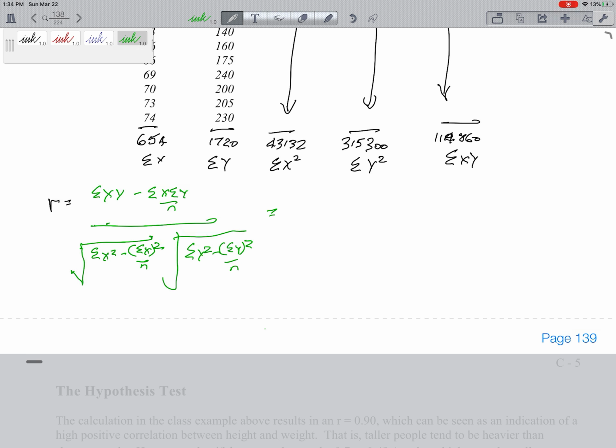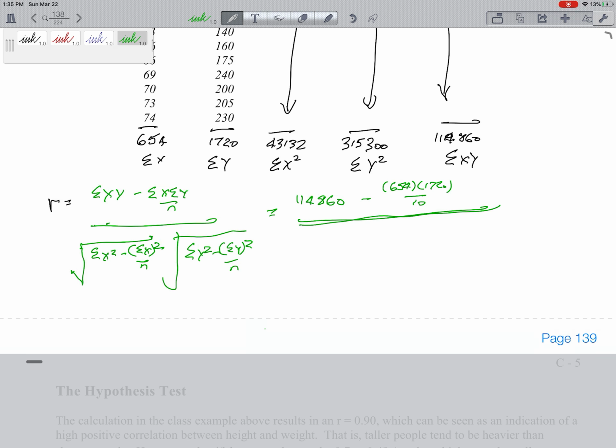So let me show you when we plug in the numbers here. Sum of the xy's is 114,860, and then minus 654 times 1720, and that's over 10. Now, two things I want you to note: this 10 is only in the last term here.